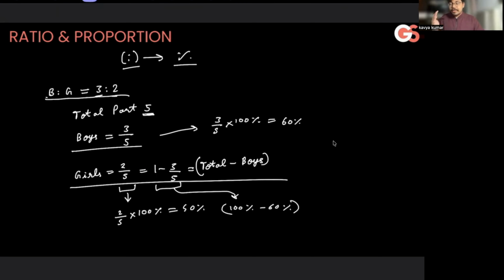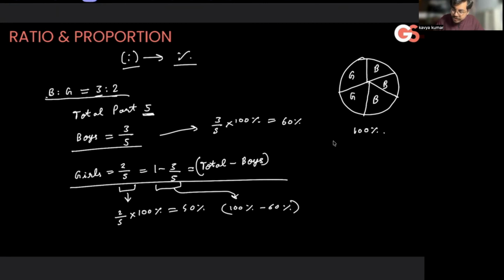So how to understand what is what? Let's say this is the pizza, or the circle, divided into 5 equal parts. These three are the boys' part, and these two are the girls' part. The complete circle is 100%, or one whole.